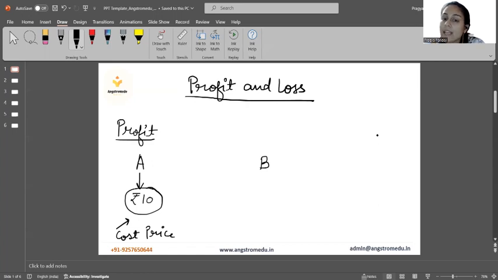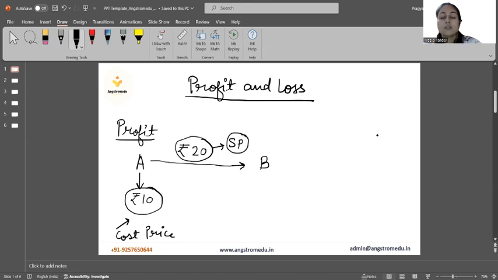All right, and there is one more person, that is person B. And if A just sells this pen to B at, let's say, rupees 20. So what does 20 rupees mean for A? It will be the selling price, that is SP. So in this example, we have considered two things basically.